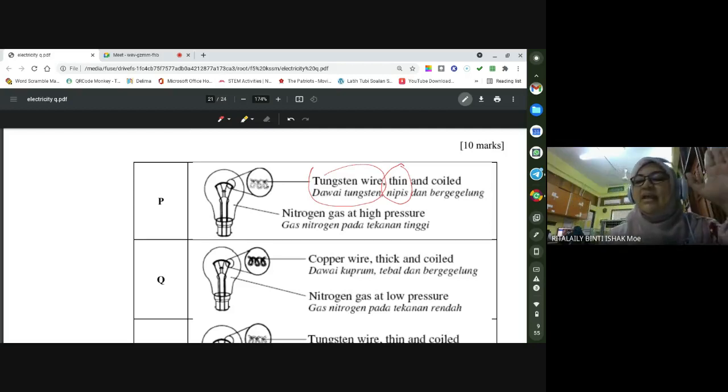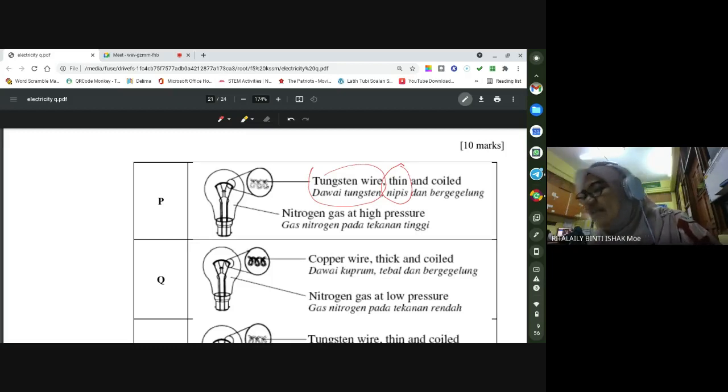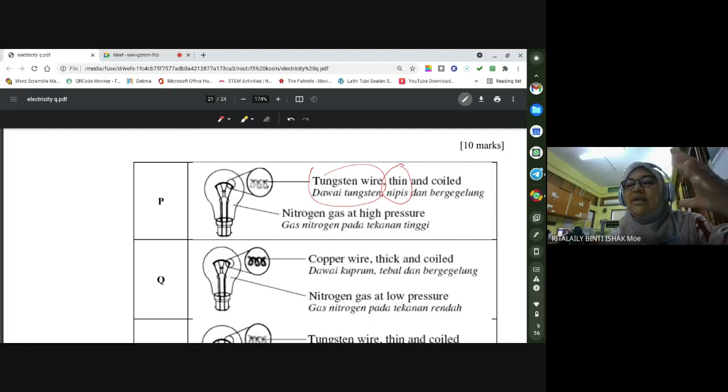And then as for the coil, do we want non-coil or coil wire? I open to anybody to answer, and please give the reason. Yes, okay. We want coiled wire because more heat is produced. If the wire is coiled, then the wire is long.